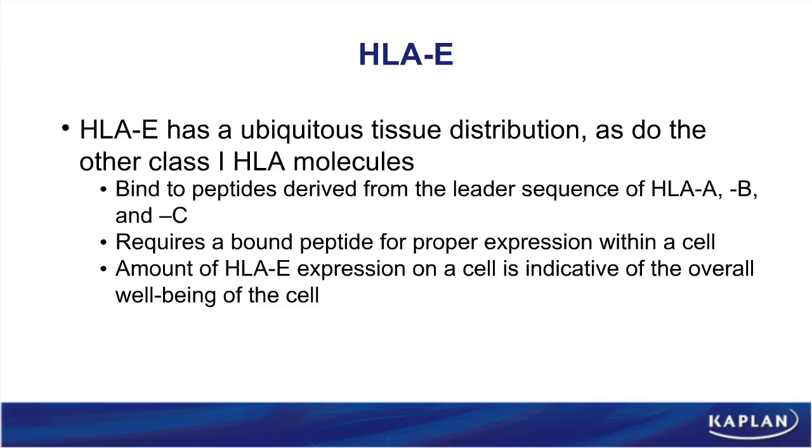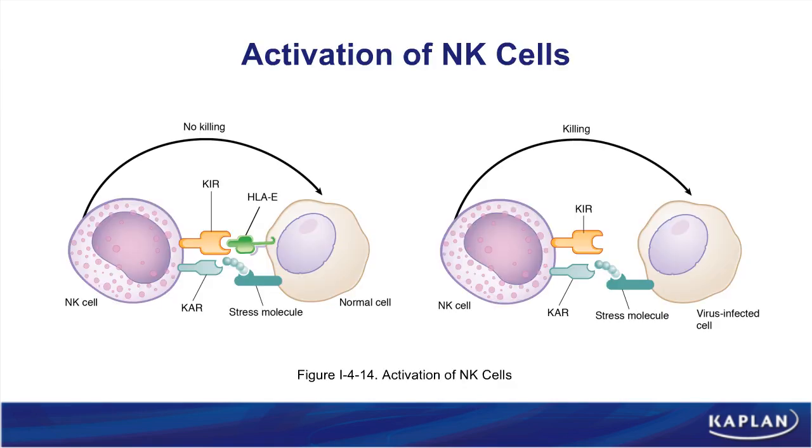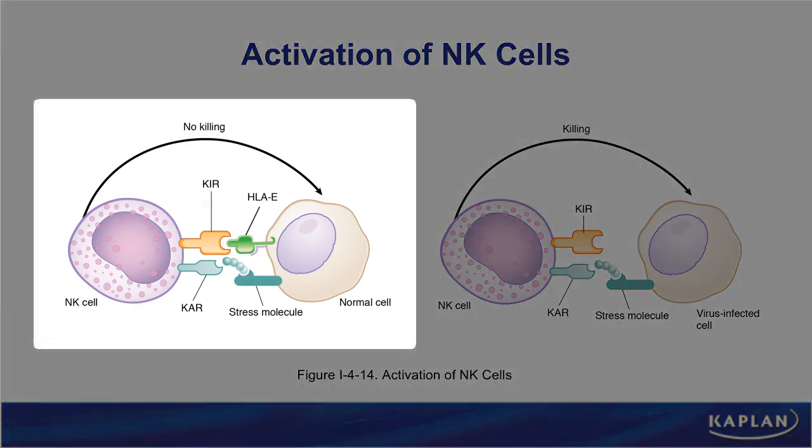So the expression of HLA-E is an indication to the natural killer cell as to whether that cell is expressing class 1 MHC. It's a nice little red flag or indicator molecule, and it also serves as the ligand for the inhibitory receptor. So let's take a look at how natural killer cells kill using their innate immune defenses. We're going to take a look on the left.